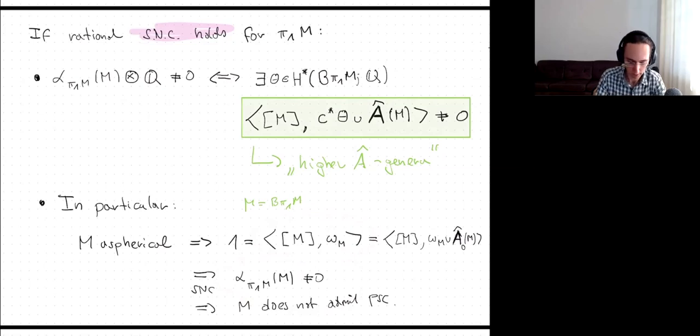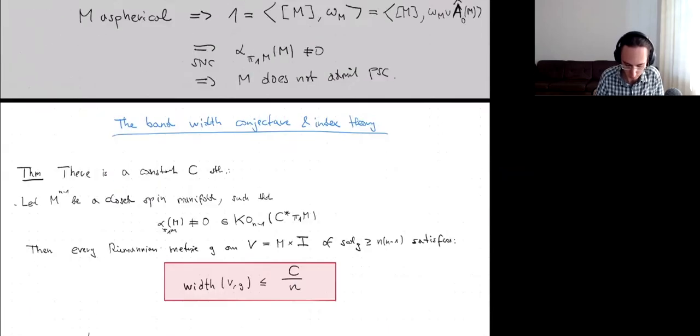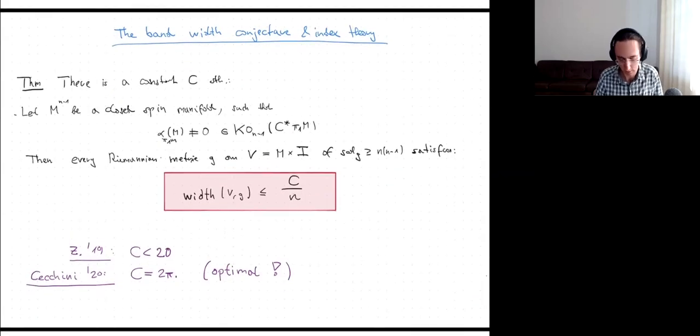All right, now my little survey on index theory is complete, and I want to connect this back to the conjecture on bandwidths. The main result is that index theory says something about the bandwidth conjecture.